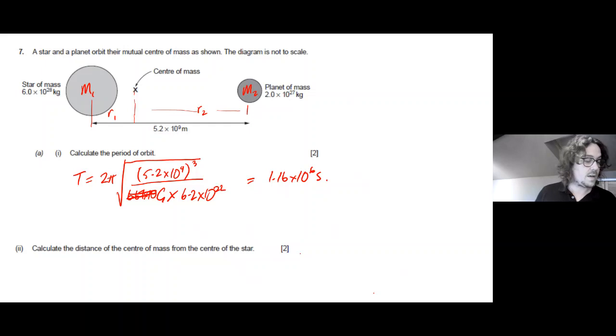All right. Calculate the distance of the center of mass from the center of the star.